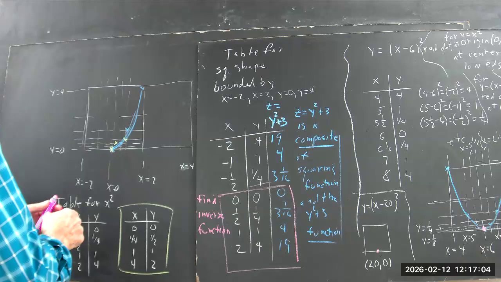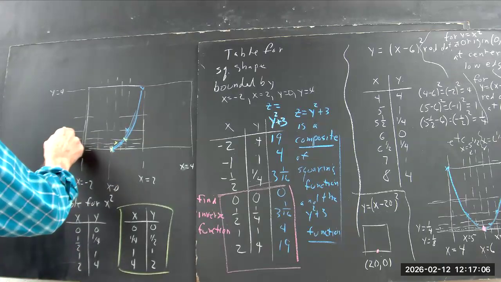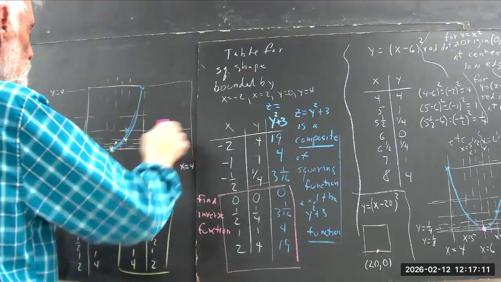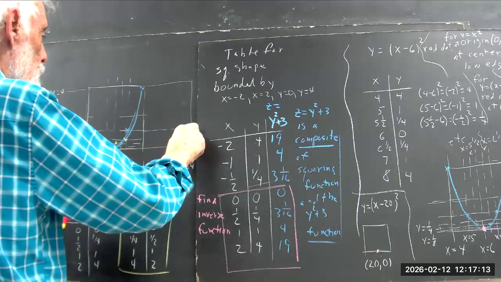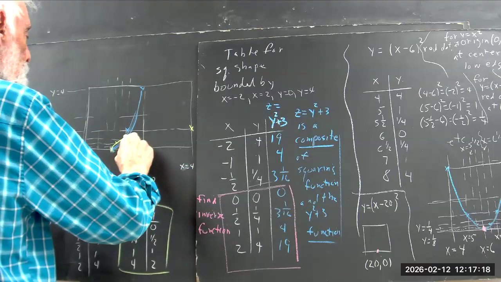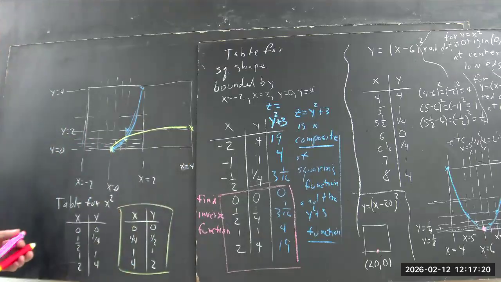And I'm going to get y equals 2. Well, y equals 2 here. So that's going to give me a point here. And I can sketch that curve.